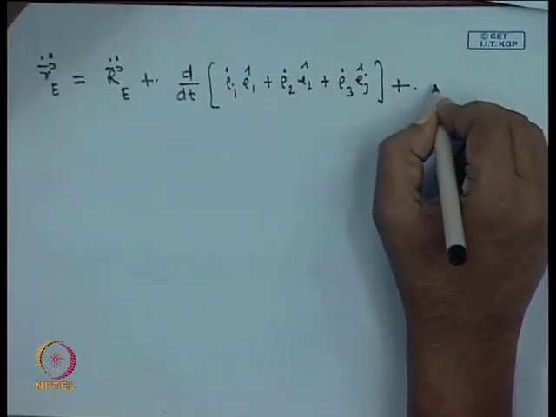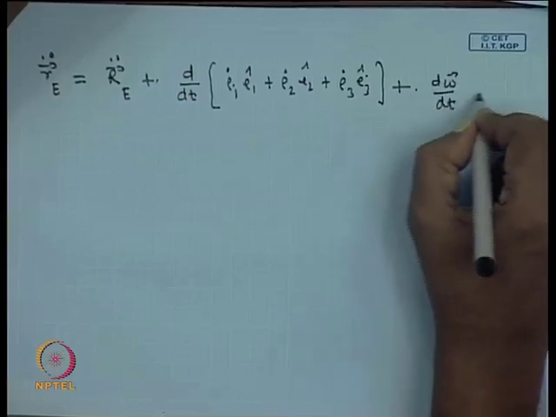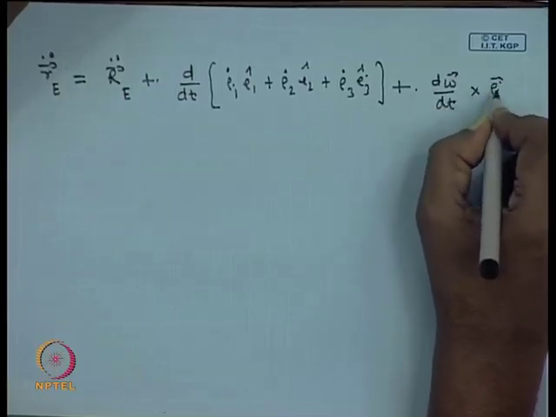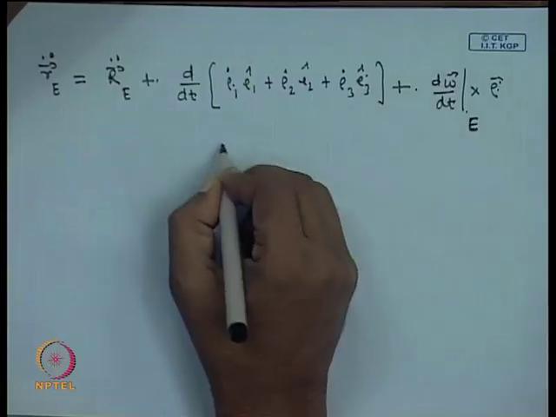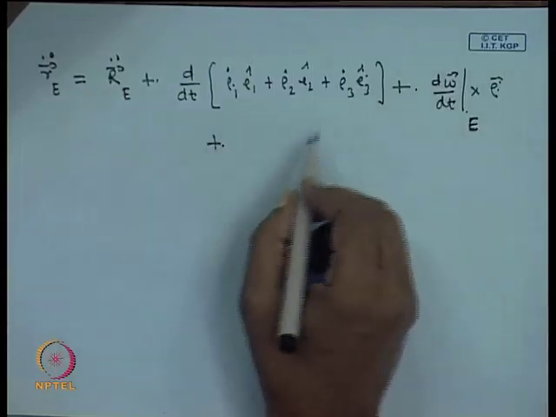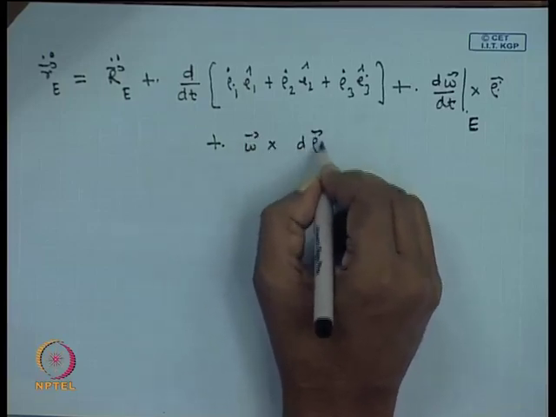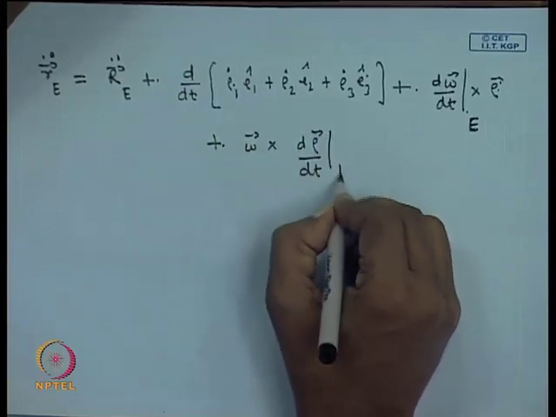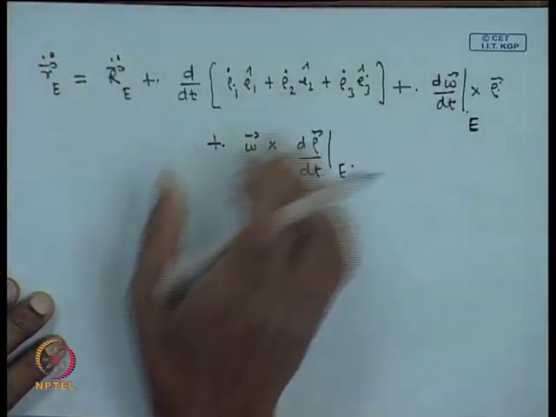So this term we can write as d omega by dt cross rho, with respect to E, plus omega cross d rho by dt, with respect to E. Now we have to take care of this particular part.